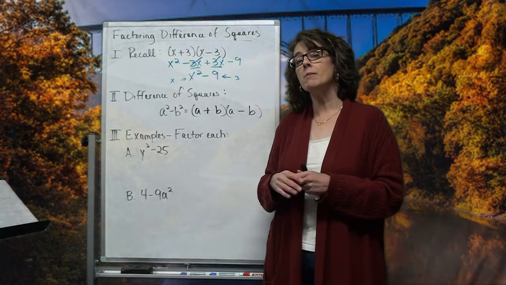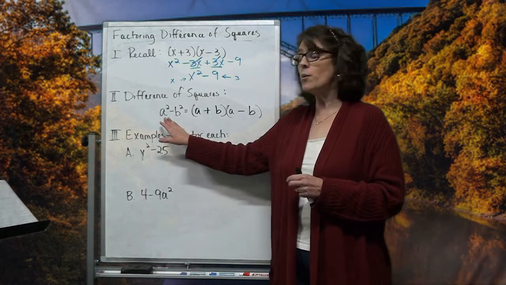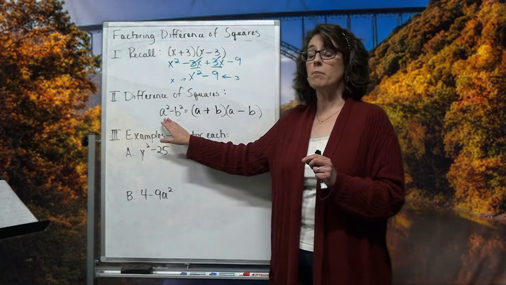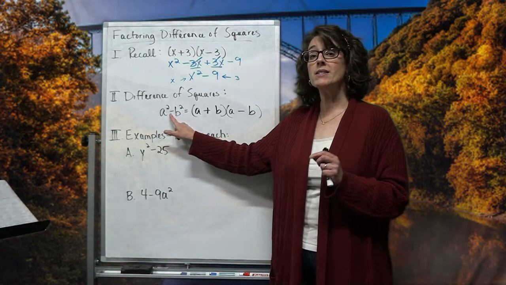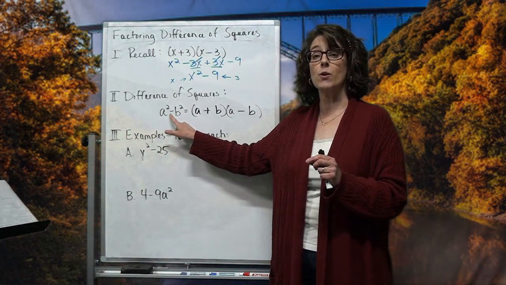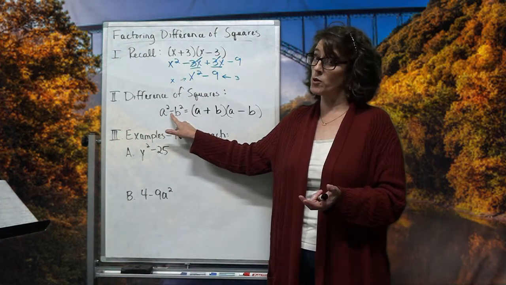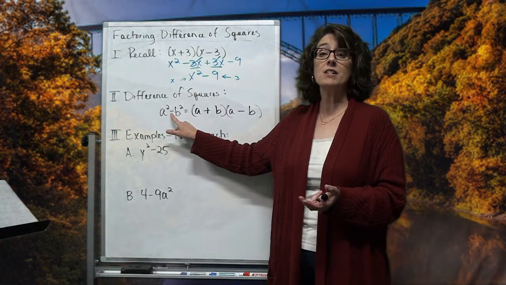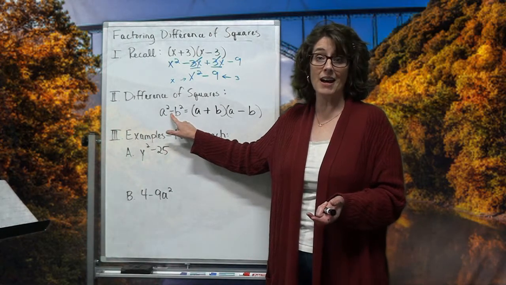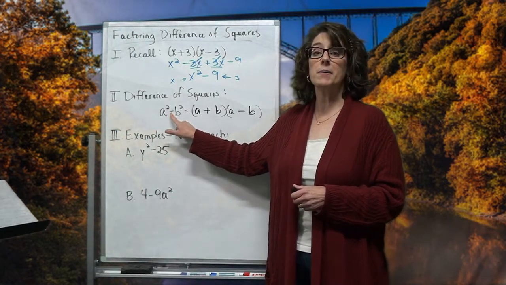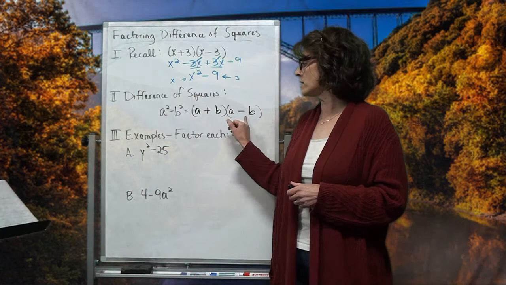So to avoid the memorization, let's go back to what we know about factoring. Remember, the back sign will always tell you about those signs, whether they're the same or opposite. If the back sign's a minus, now granted there's only one sign here, but if there is only one sign, then it is the back sign. So this tells me I have opposite signs: one's a plus, one's a minus.